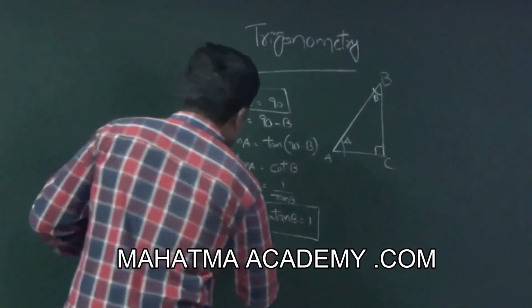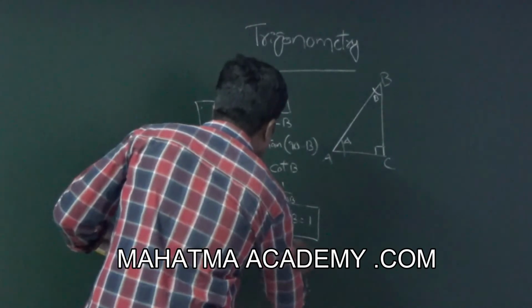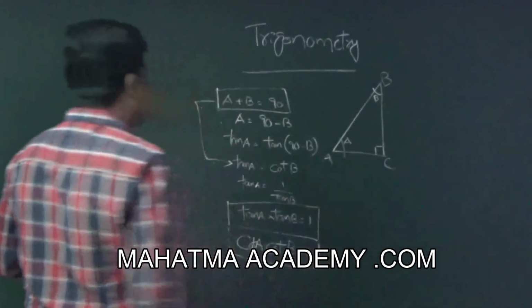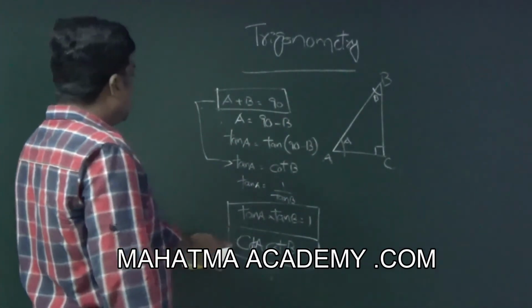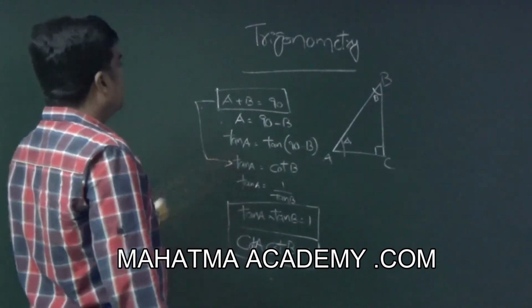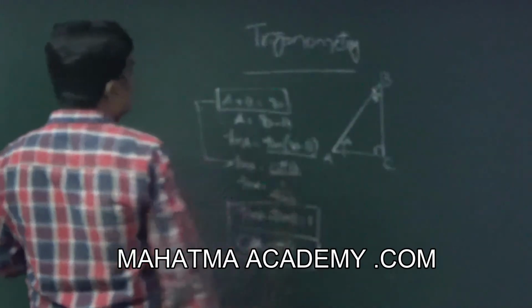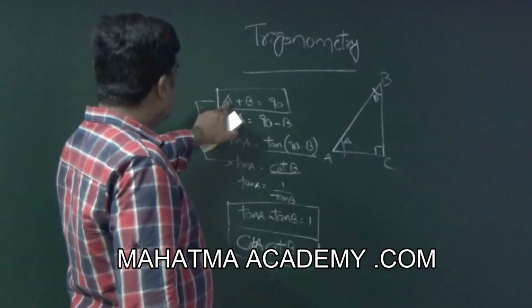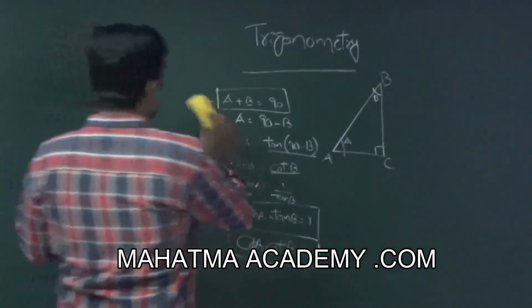In similar fashion, cot A, cot B equal to 1. These formulas are derived from the basics. What is the basic? Tan of 90 minus theta equal to cot theta. From that we can derive these formulas based on the sum of the other two angles in a right angle triangle being 90.